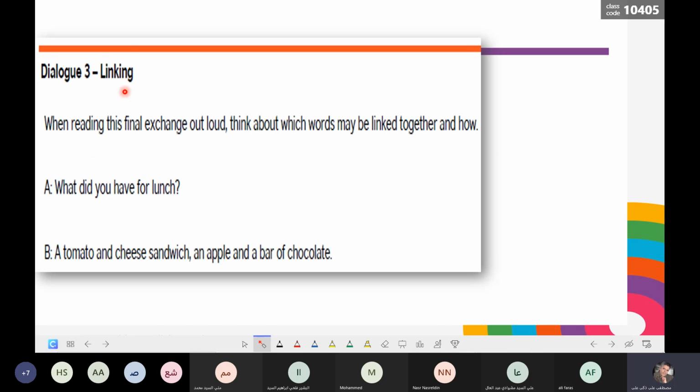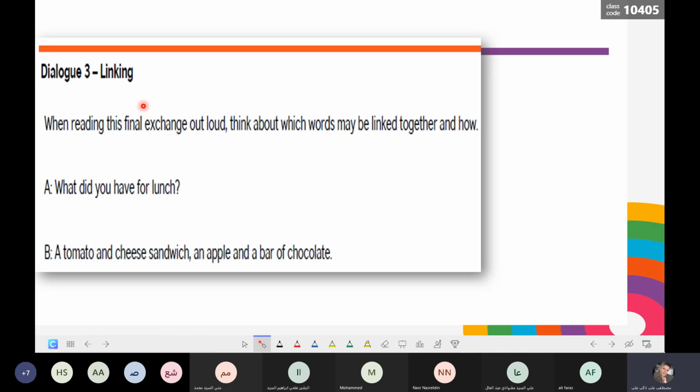Okay, here we talk about linking. When reading this final exchange out loud, think about which words may be linked together. What did you have for lunch? What did you have for lunch?